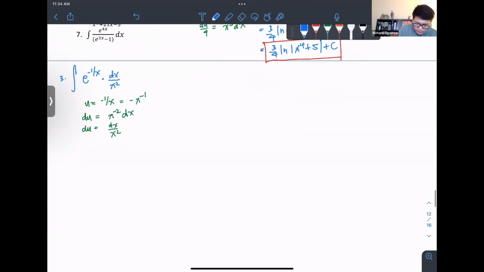By substitution approach, this would be e raised to negative 1 over x, that is u, and dx over x squared is du. What is e to the u du? It's just e to the u plus c. So our u then is negative 1 all over x: e to the negative 1 over x plus c.